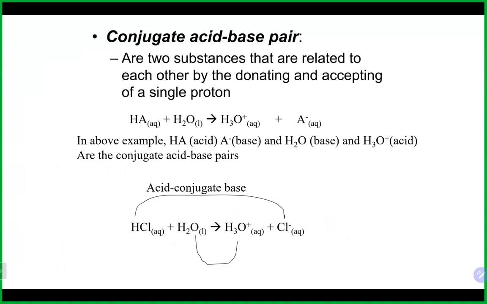Again, there's the one that we were just talking about with our HCl and our water here. And again, in this situation, sending the H plus over in this case. All right, let's take a look here.